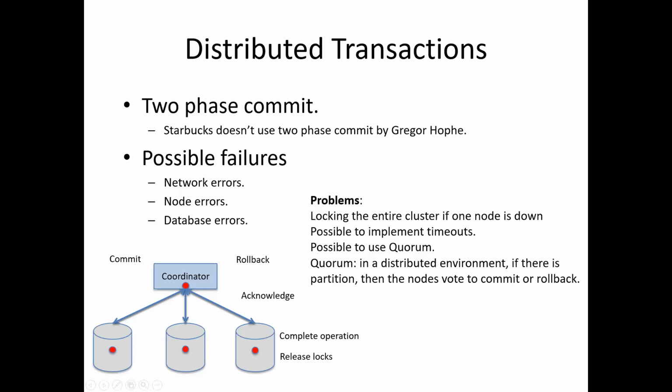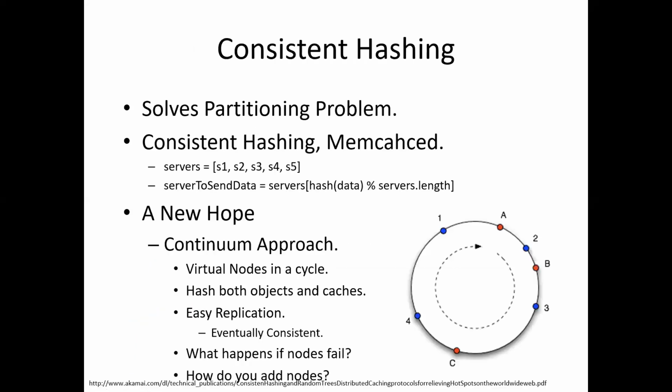So the problem in the locking cluster is that one node is down, possibly the implementation timeout, possibly there is no quorum, right? The use of quorum is very important for committing, where the nodes will vote for the commit or rollback operations.